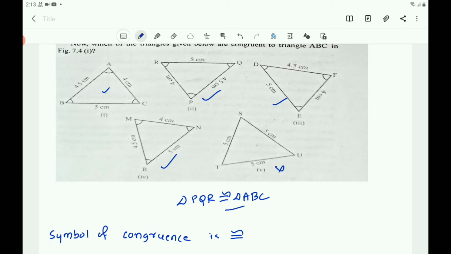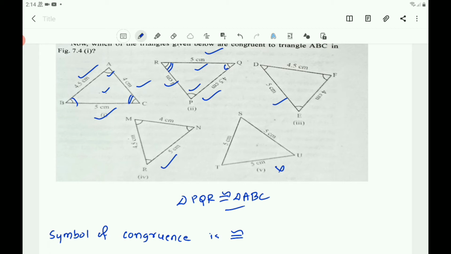That is, PQ covers AB, RQ covers BC and RP covers AC, and angle P covers angle A, angle Q covers angle B and angle R covers angle C. They are the corresponding sides and corresponding angles.